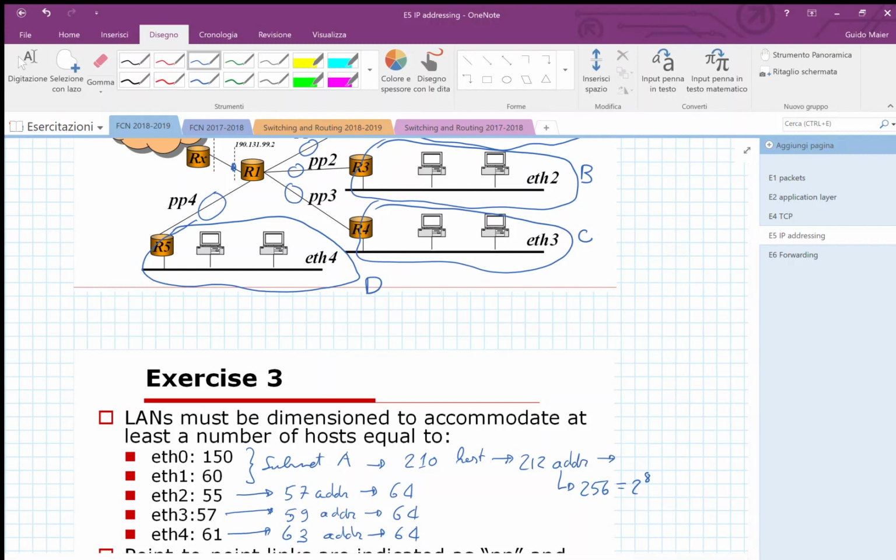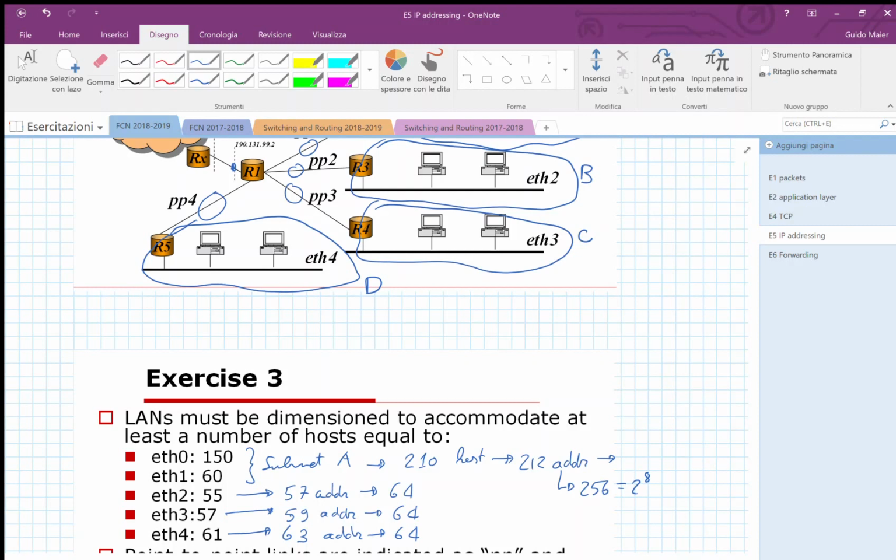Moreover, also remember that for each subnet you need to save one address for the router interface, in case you have only one router. In case you have more routers, you need multiple addresses, depending on how many routers you have.